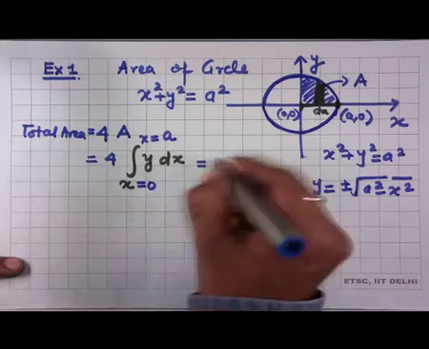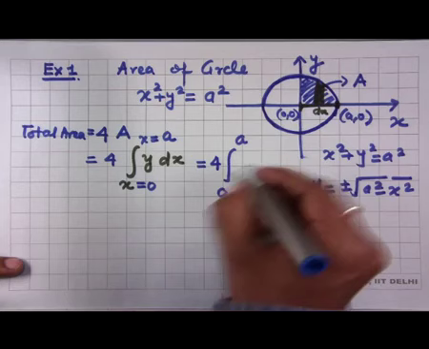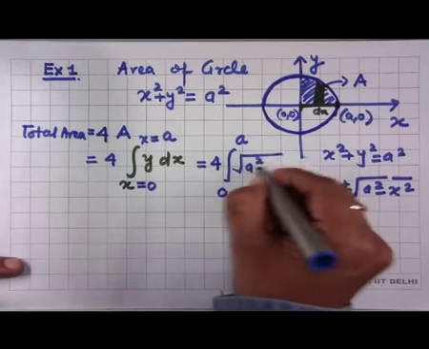So this is equal to 4 times integral 0 to a of under root a square minus x square dx.